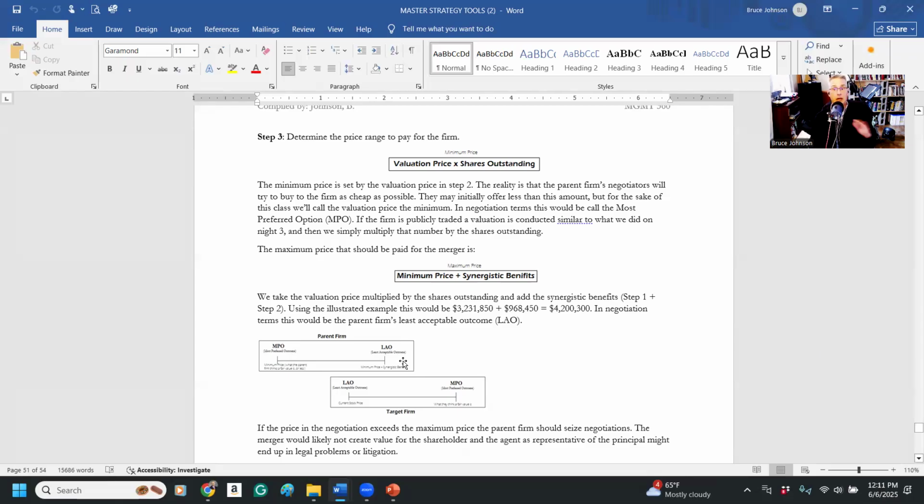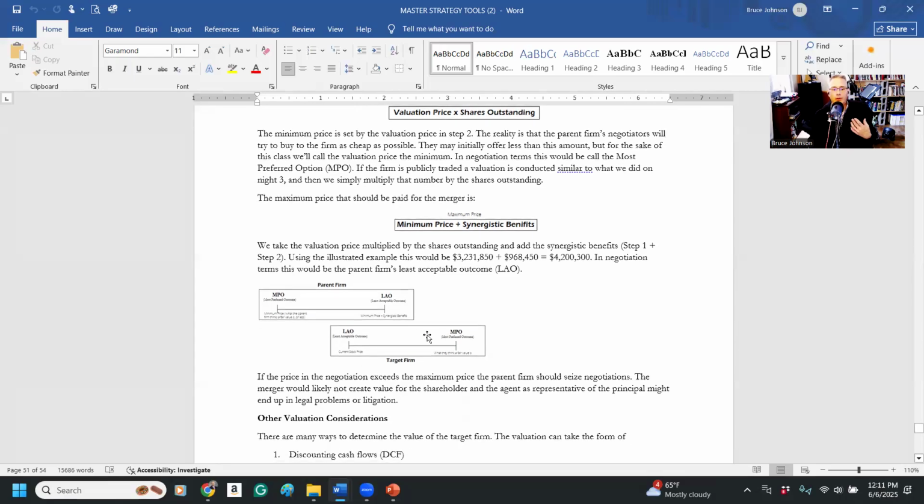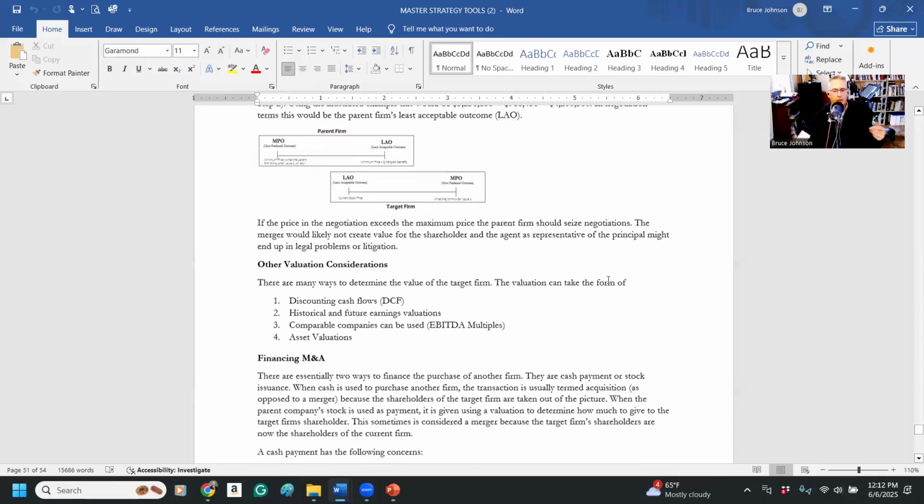So that's the least acceptable outcome: the most you'd be willing to pay for the firm. In negotiations, you also need to do an evaluation of the target firm and look from their perspective, them wanting to be acquired. What's their most preferred outcome? What's their least acceptable outcome? Typically, the negotiation will land in the middle. Typically, not always.